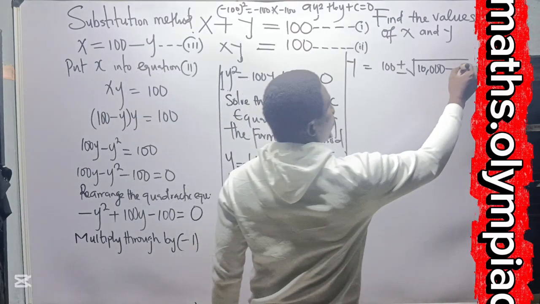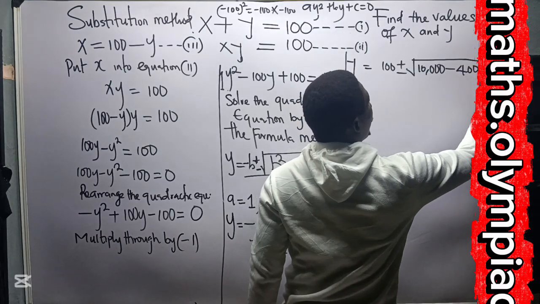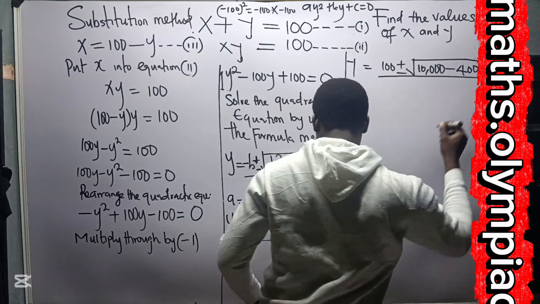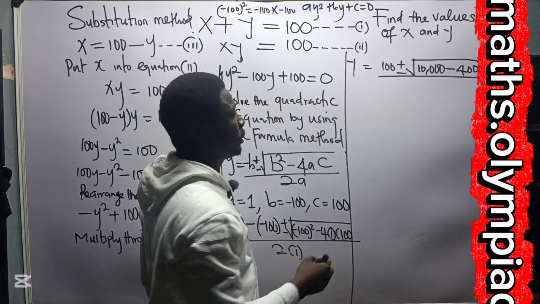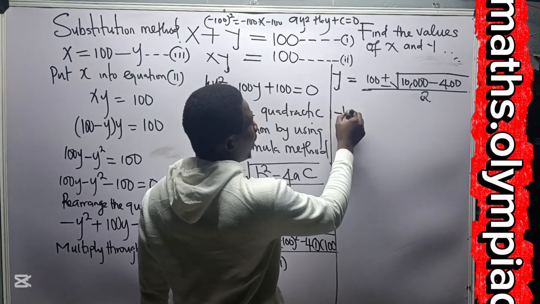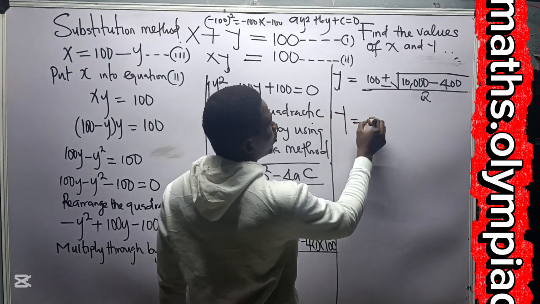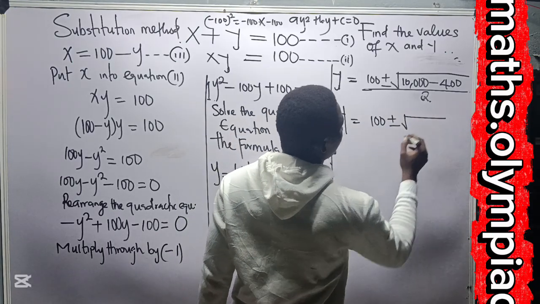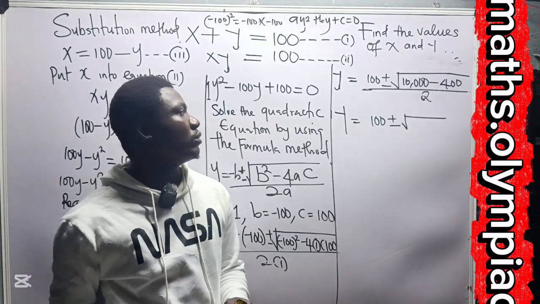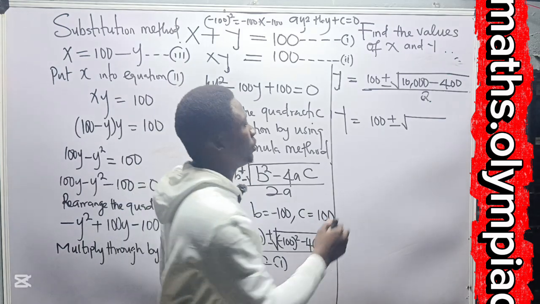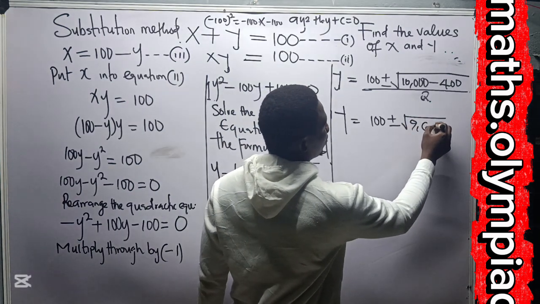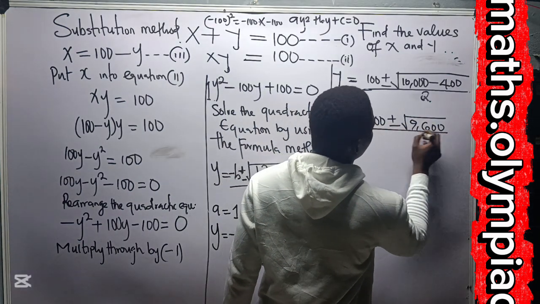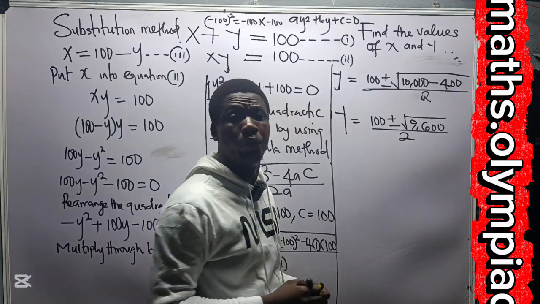So you have 400 all over 2 times 1 is equals to what? 2. So you have y equals to 100 plus or minus the square root of 10,000 minus 400 will give us 9,600 all over 2.